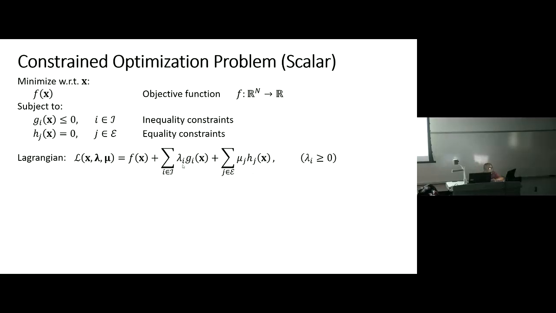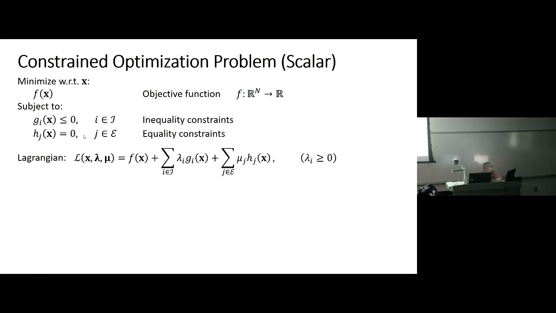And these lambdas are always greater than or equal to zero. So these g_i are the inequality constraints, and if you notice, g_i are less than or equal to 0, all of them, and the lambdas are all greater than or equal to 0, so that the product, each term of this summation here, is always less than or equal to 0.